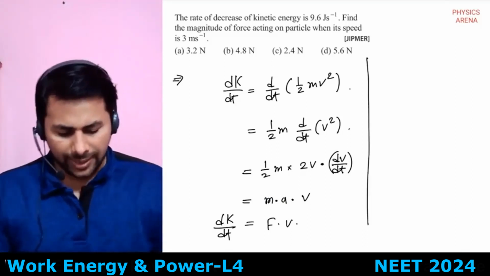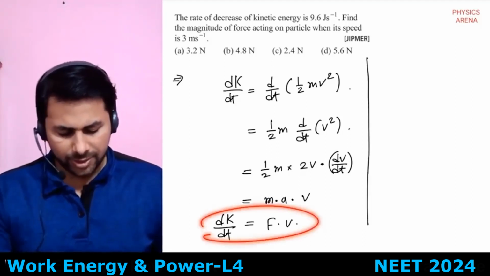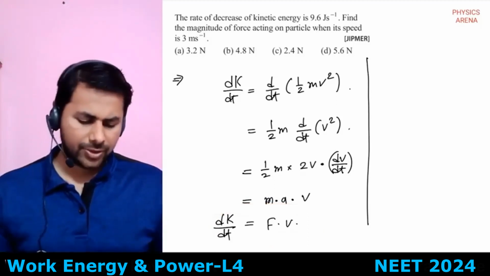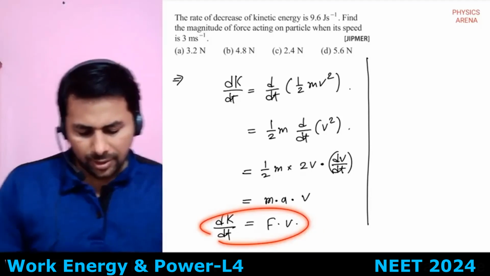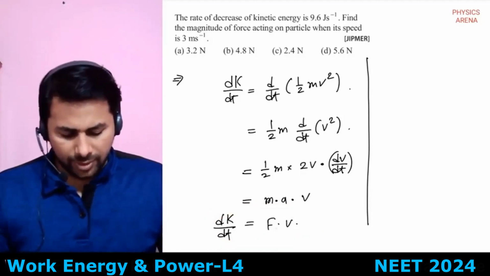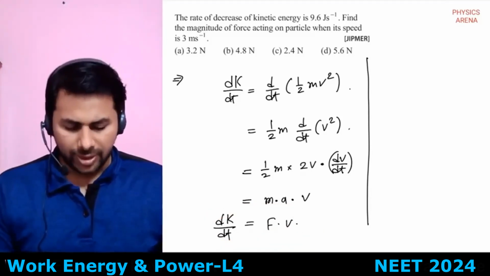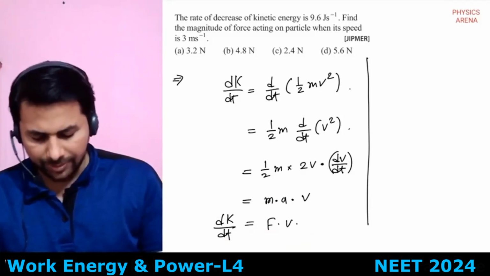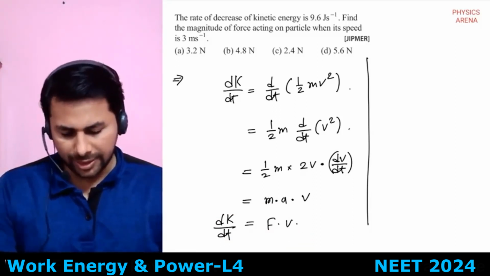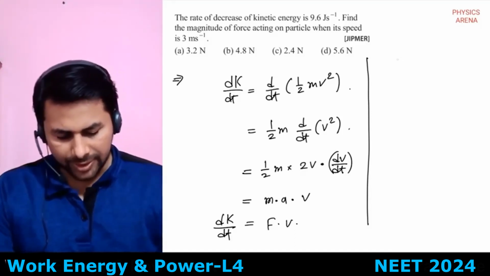Okay, so actually this question we should have seen afterwards. But anyways, this is the expression for power, and power is rate of change of energy. So F times v is dK by dt, and what is dK by dt?